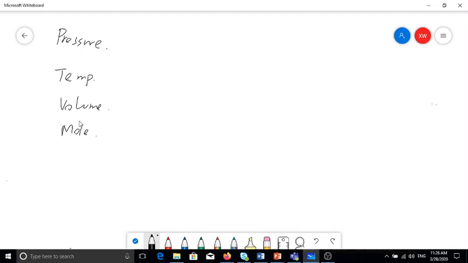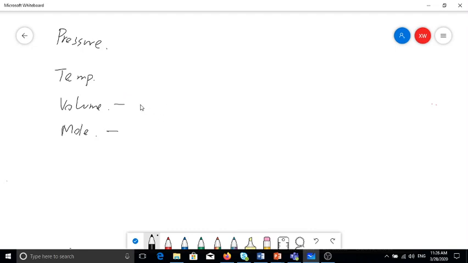Let's go backwards. The mole is probably the easiest one. It has a unit of mole, and it shows the quantity, how many molecules of gas you have. So this is one of the major parameters you can use to describe any gas. Volume is also easy to understand.